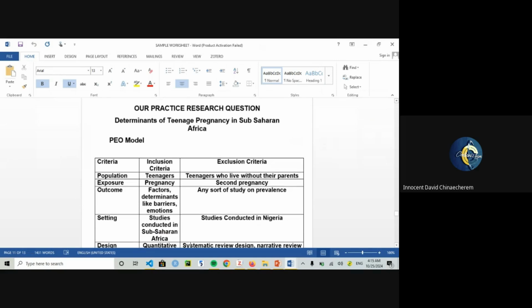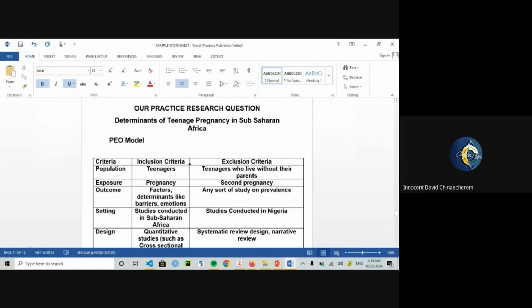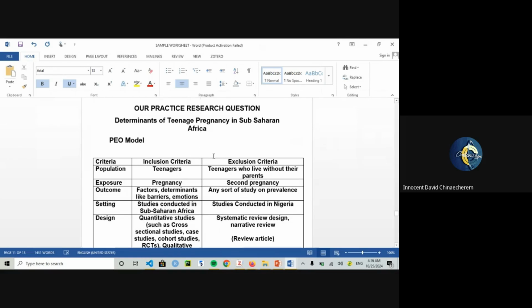Cool. So now I have this. That's fine. The next thing I'm going to do is pick out 2 articles that I will use to extract some information that might be relevant for me.